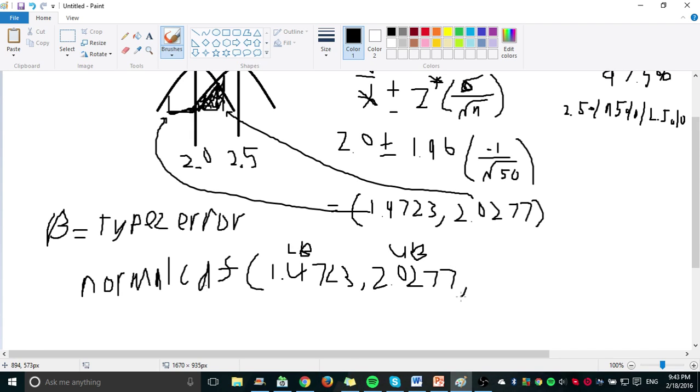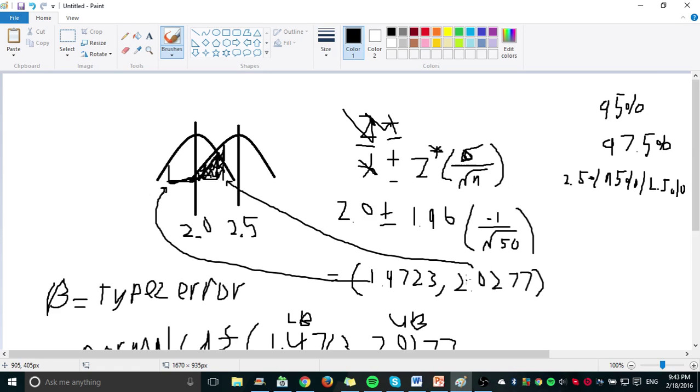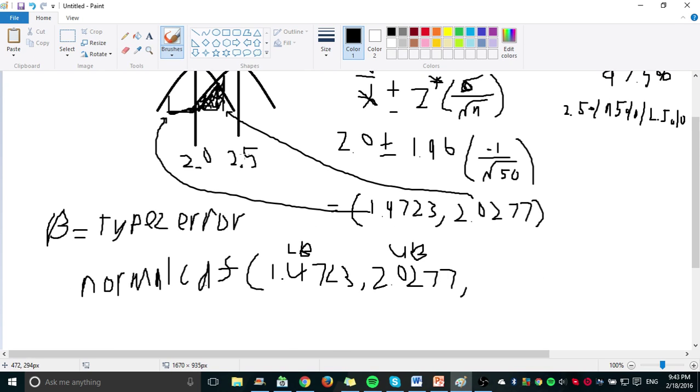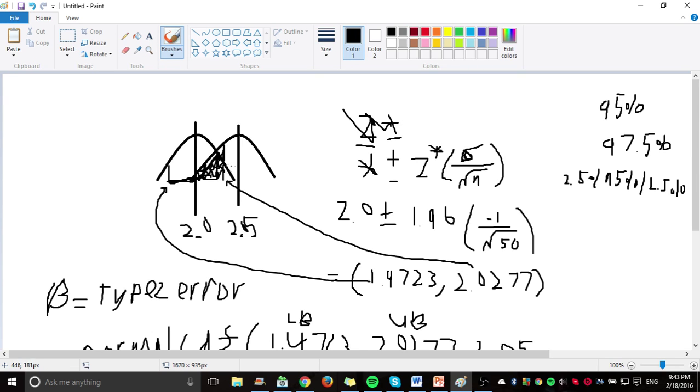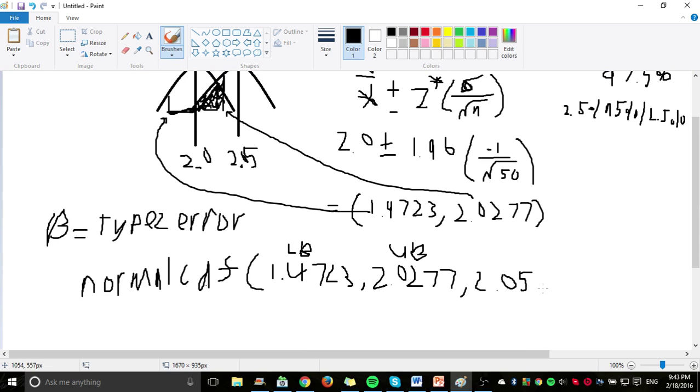Then we're going to have the mean, which in this case, whoops, I just realized I put 2.5, but it's 2.05, my bad. It's going to be 2.05. The reason it's 2.05 and not 2 is that you're trying to find the region based on this curve. You want the area under this curve here, not that curve.